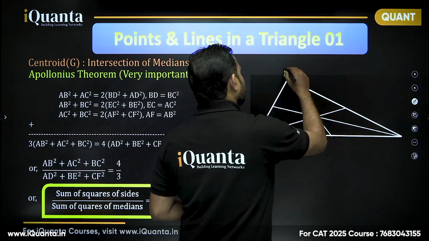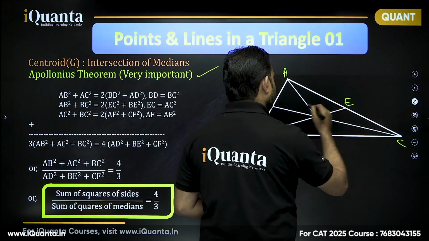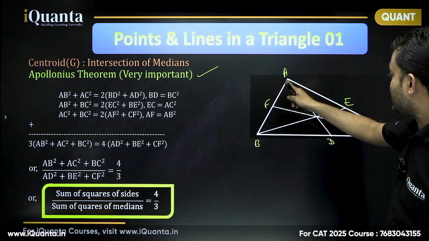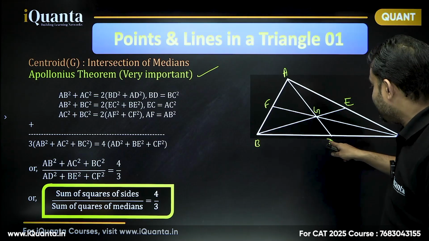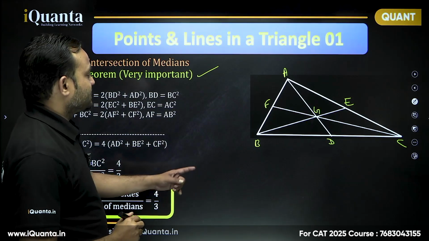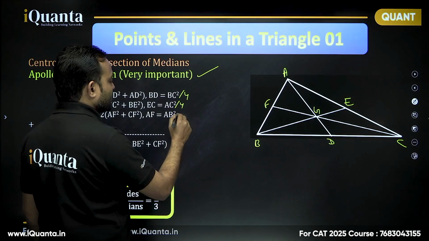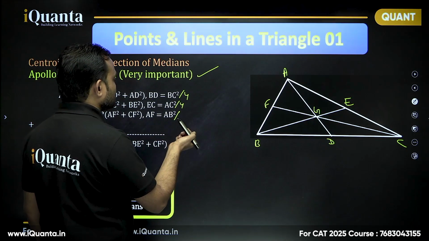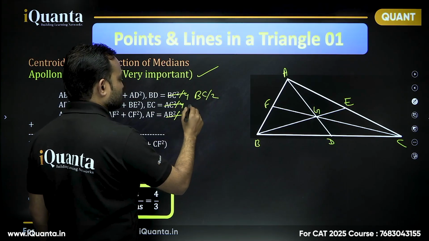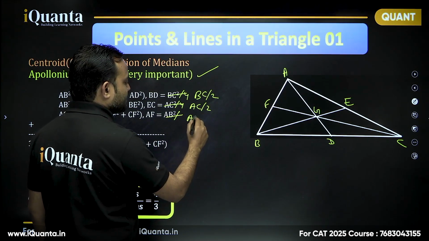Now again, we have the same construction, ABC, DEF, and this is G. Now you can refer to these points, that AB square plus AC square is equal to twice of BD square plus AD square, where BD is BC by 2, EC is equal to AC by 2, and AF is equal to AB by 2.